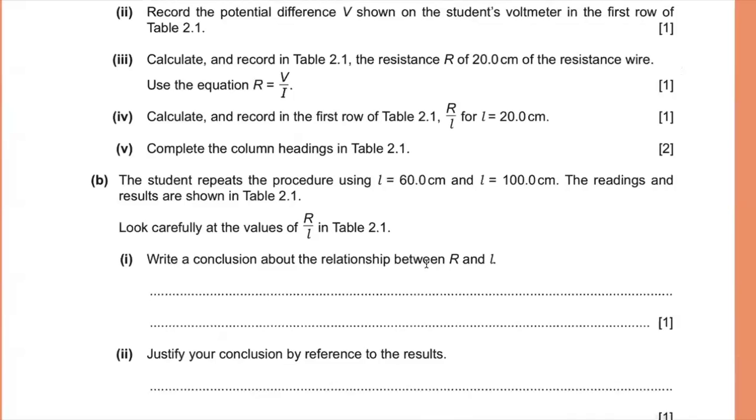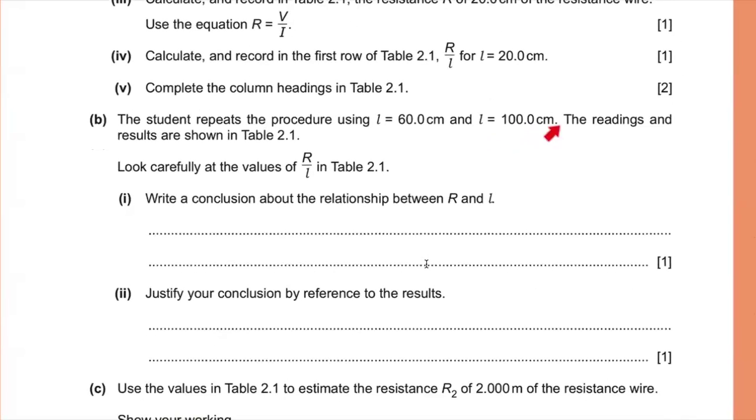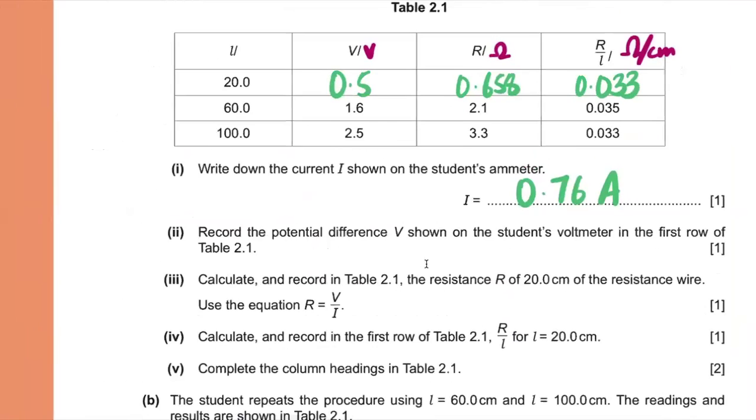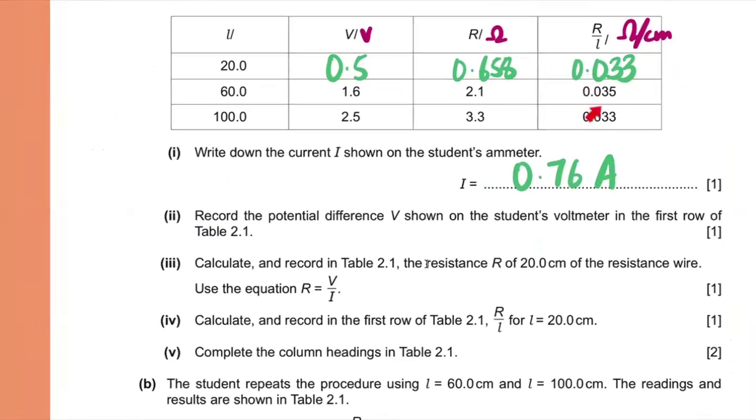Student repeats the procedure using L equals 60 and L equals 100 centimeters. Readings and results are shown. Look carefully at the values of R over L in table 2.1. Write a conclusion about the relationship between R and L. So if you look here, R over L values are nearly constant, right? So you know that this is the definition of direct proportion.